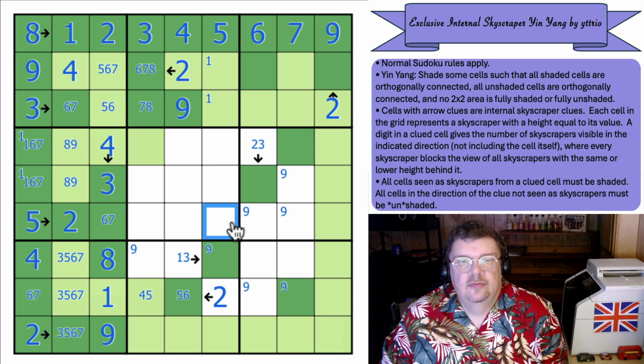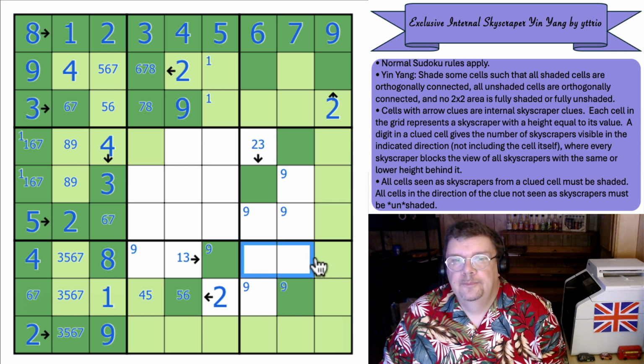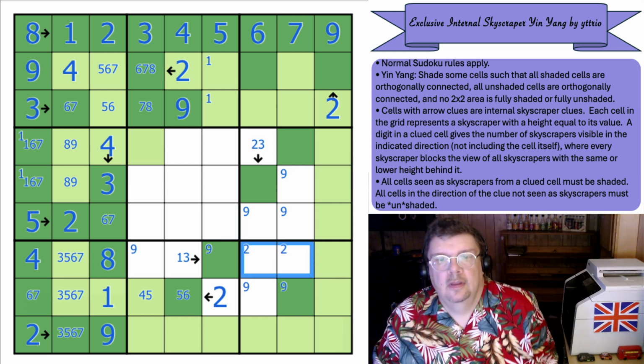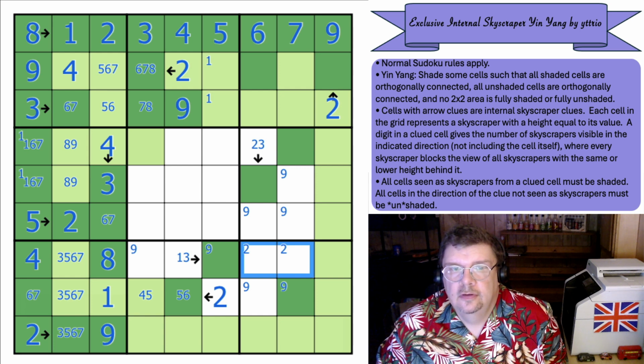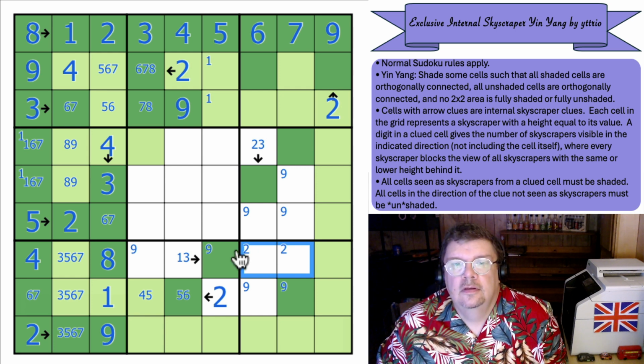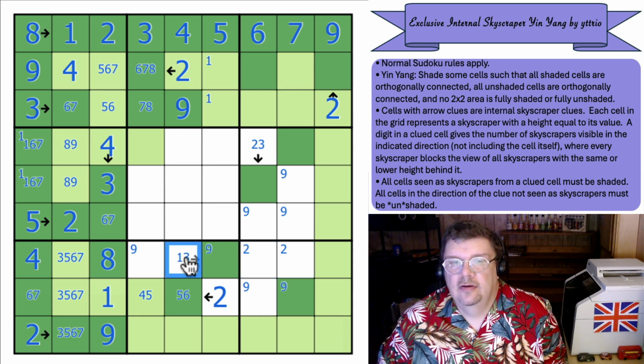Let's see if there's some Sudoku, or if there's something else. Okay, 2 is in one of those 2. And this now can't be a 3.